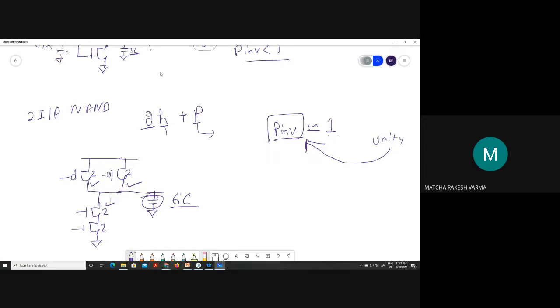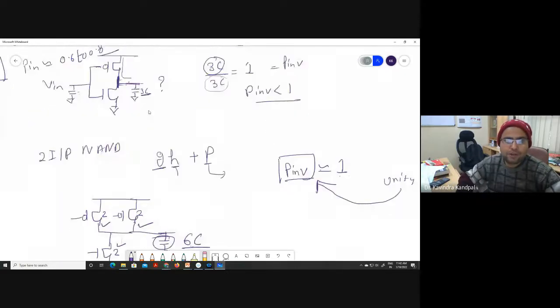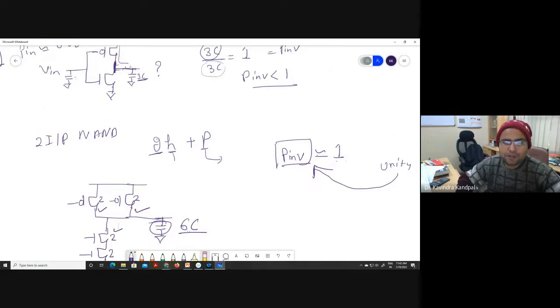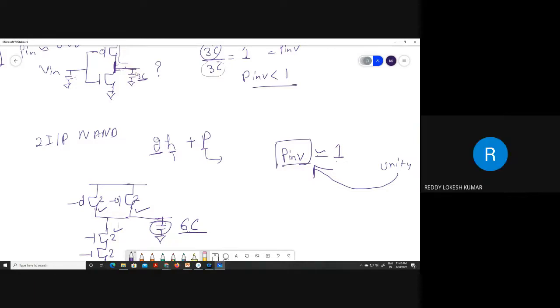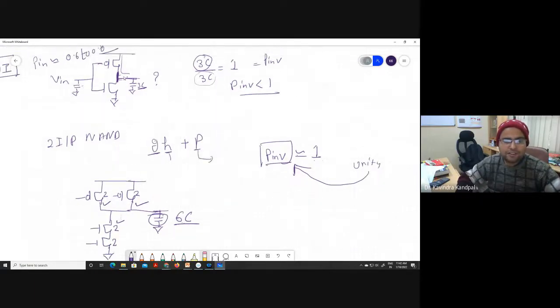Yes, sir. So this is 2 times more than the parasitic delay of this particular inverter, which has 3RC delay. This has 6RC delay. The delay here was 3RC and the delay here is 6RC. Yes or no?